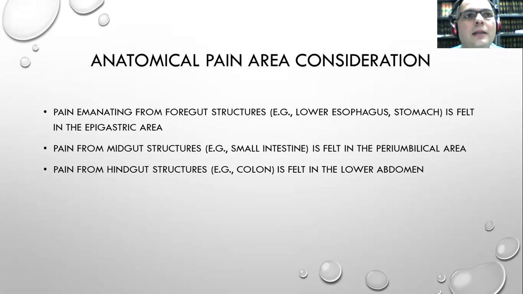If the pain is originating from the midgut structures, that is the lower stomach, the duodenum, the ileum, the jejunum, these are all midgut structures, then it will be felt in the periumbilical area. And the pain which arises from the hindgut, that is the ascending colon, the transverse colon, the descending colon, will be felt in the lower abdomen.